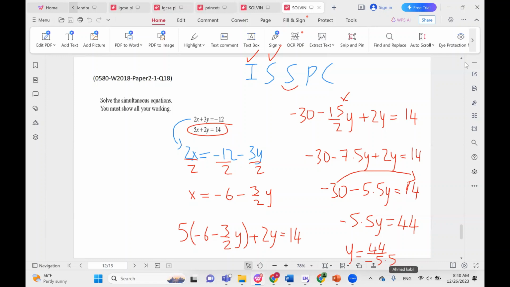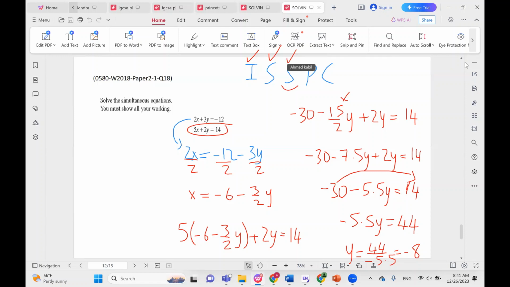And you can use your calculator to figure this out. You just do 44 divided by negative 5.5 on the calculator, and that gives you negative 8. So I've obtained the value of y.